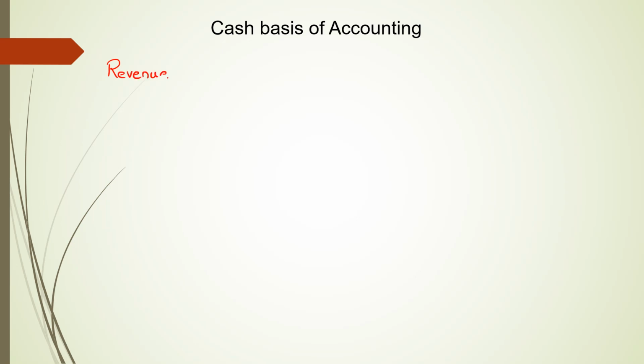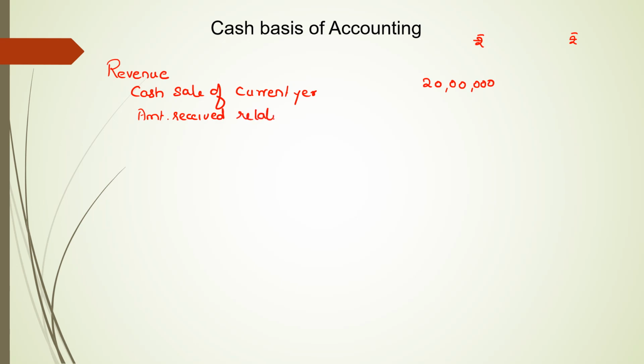Revenue shall be the cash sales of the current year, which is 20 lakh rupees which has been received, and the amount received related to previous year, which is an amount of 5 lakh.